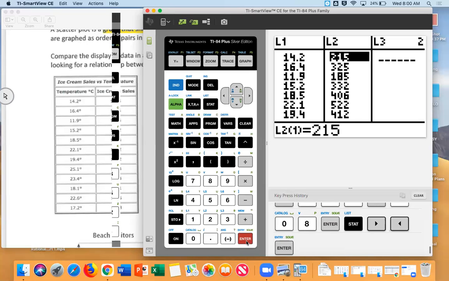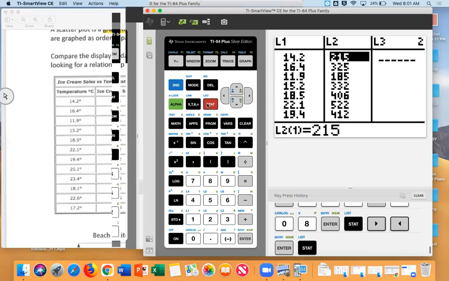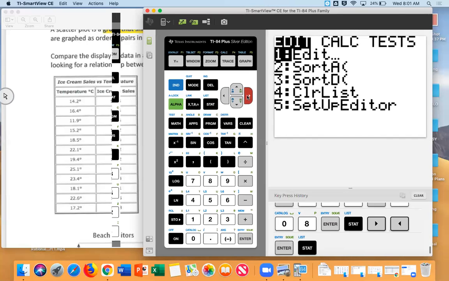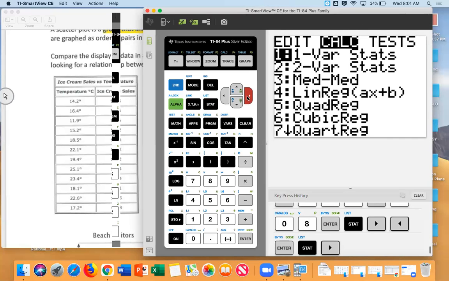All right. Now we're going to hit the stat button again. So everybody hit the stat button again. And now this time we're going to go over to calc. Now there's a bunch of different things here, but what have we been studying? Lines, correct?